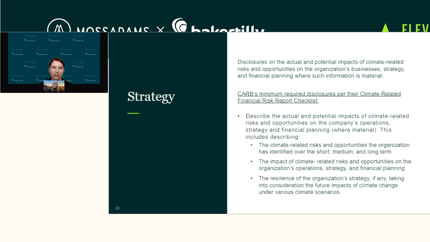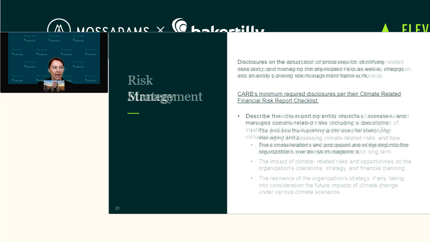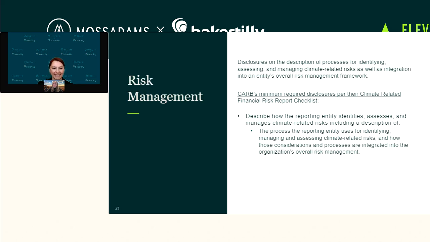So many organizations that we're working with are assessing materiality using that existing internal definition, and for this first year of reporting are adopting a qualitative approach to scenario analysis, with plans to incorporate quantitative analysis and further assessments in future reporting periods. So that scenario analysis section, that third sub-bullet point, is important to keep in mind in future reporting, because I think the stakes will go higher and the standards will get higher based on what CARB has mentioned in the past.